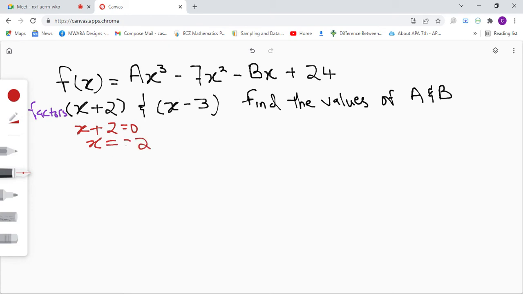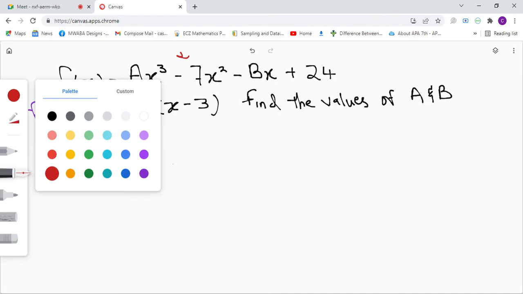So what this means is when we substitute x for negative 2 into this polynomial, we're going to get 0. So as I said, we equate the polynomial to 0. f of x equals 0. Now we substitute x equals negative 2 into the polynomial.